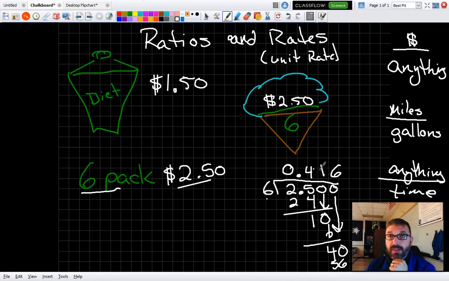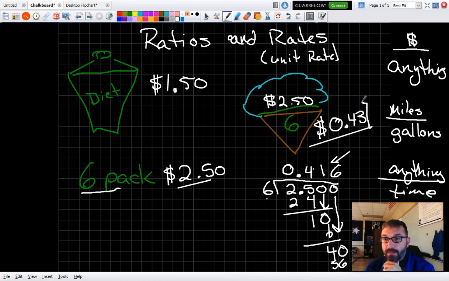Okay. Now I'm dealing with money, right? So this 6 is going to drive my pennies to round up. So my bottles in a 6-pack are 43 cents each. Do you know why the ones at the cash register are $1.50?